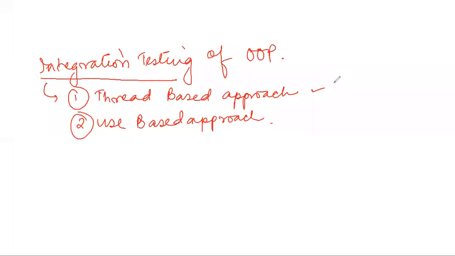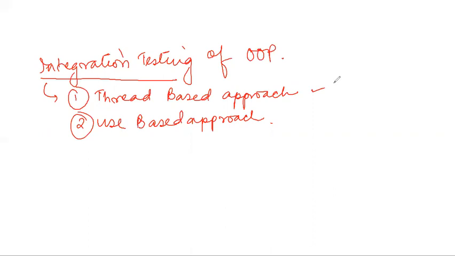After all the required classes for a use case are integrated and tested, another use case is taken up, and the classes necessary for execution of the second use case are integrated. So one class is taken, and all the classes that collaborate with that class will be tested.